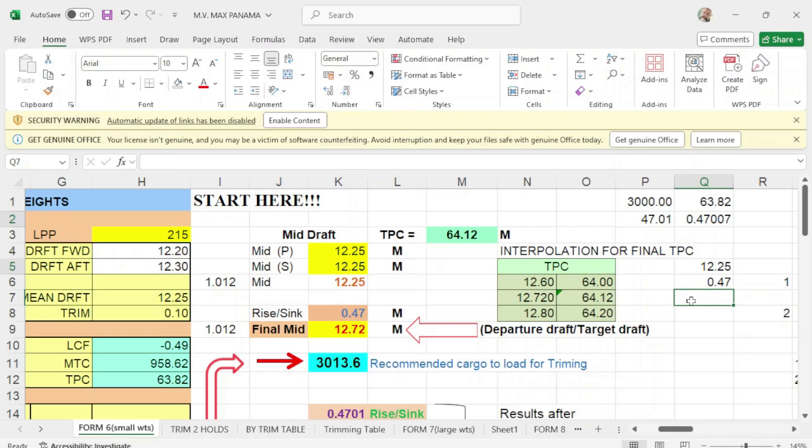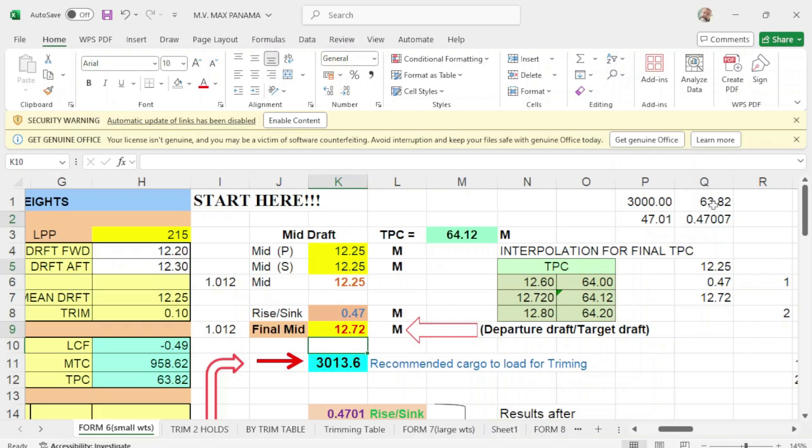What will be your approximate departure draft? It equals your mean draft plus your sinkage of 47 centimeters. That will be 12.72. So you put here 12.72. That's how you get the approximate departure draft of 12.72.